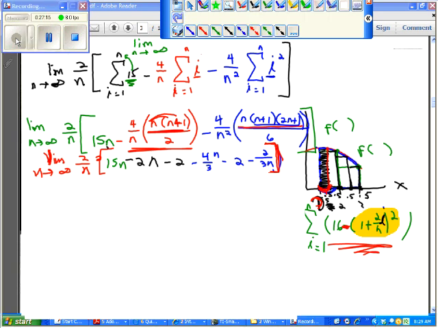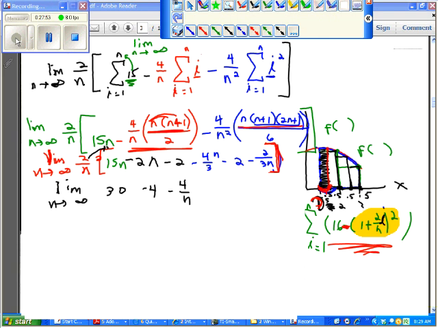Okay, so now we want to distribute that 2 over n. So we're going to have the limit as n approaches infinity of, we've got 2n over n times 15 over n, which makes a 30. And then we have the 2 over n minus the 2n. That would give us a minus 4, and the n's would go out, so minus 4. We would have a negative 4 over n after that.